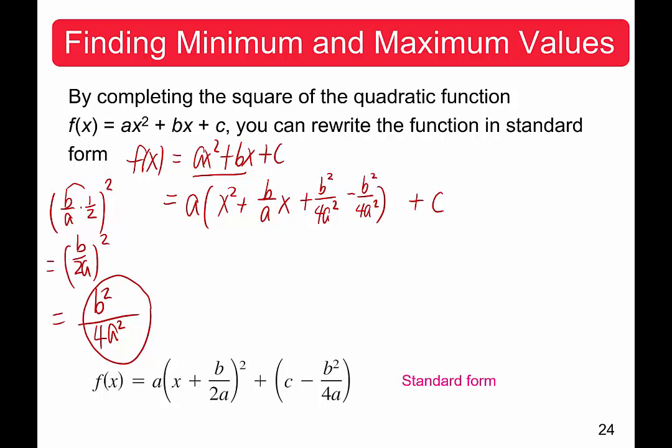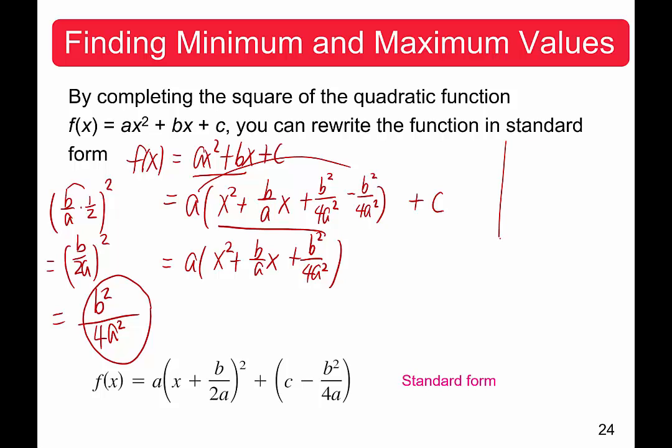Now the first three terms are what we call a perfect square, and the last term will be outside of the parentheses. So we get a times x squared plus b over a x plus b squared over 4a squared. When we distribute a times negative b squared over 4a squared, we can simplify a little bit. A goes into a squared, and we end up with 4a here.